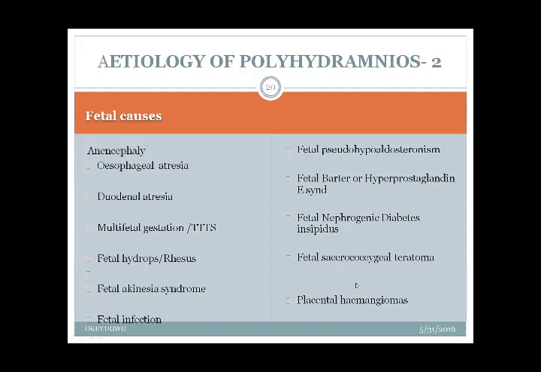Fetal sacrococcygeal teratoma, and diabetic mothers with fetuses. Here also, because the membranes are exposed at the side of the sacrum, they excrete more and more of the fluids. Placental hemangiomas are also placental causes of polyhydramnios.